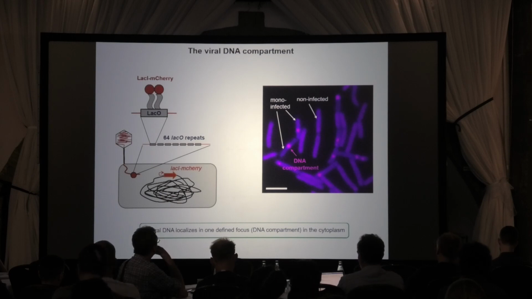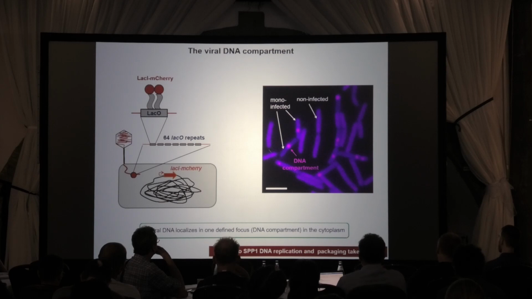So the next question we want to address is, where does the SPP1 DNA replication occur? It's surely there, but we wanted to know a bit more about localization and where packaging takes place. The underlying question is that when we have this type of compartment, are we going to subcompartmentalize these processes, or is it just spread all around?